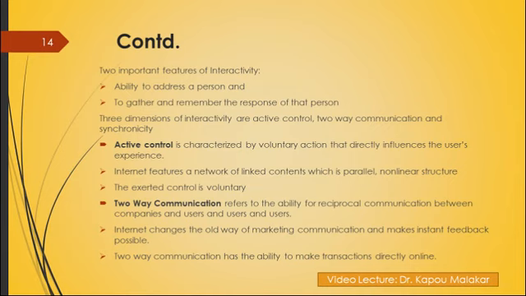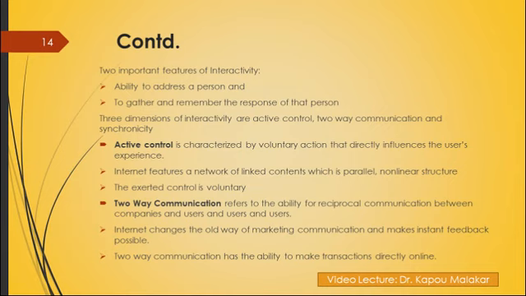There are three other dimensions of interactivity. One is active control, and then we have two-way communication and synchronicity. Active control is characterized by voluntary and instrumental action that directly influences the controller's experience.